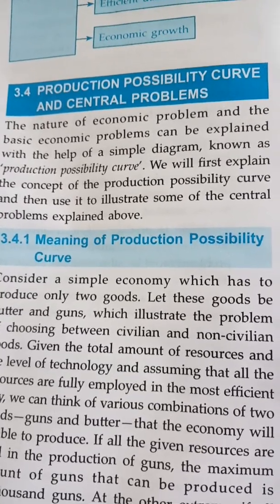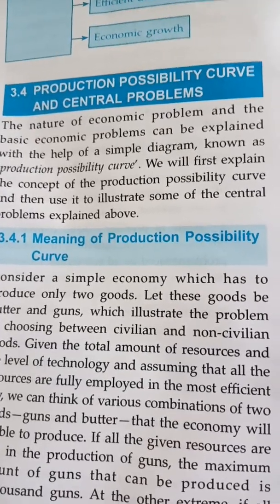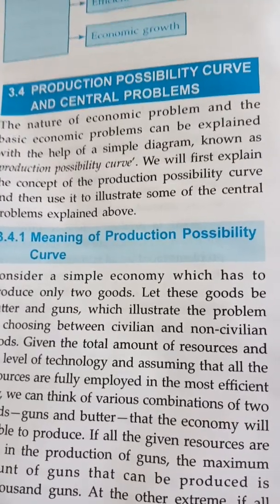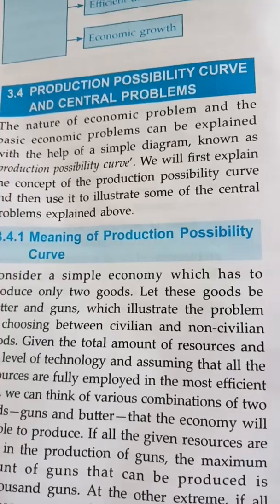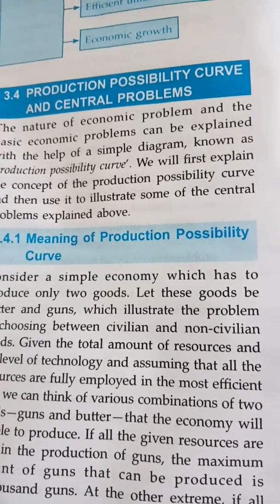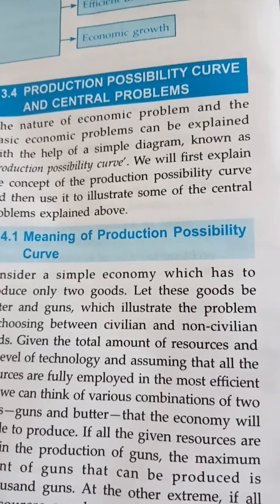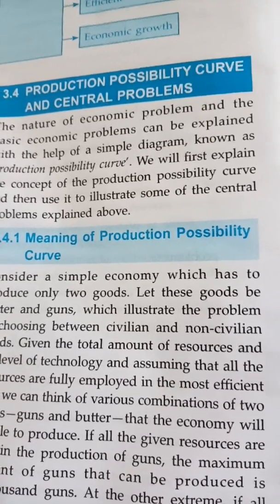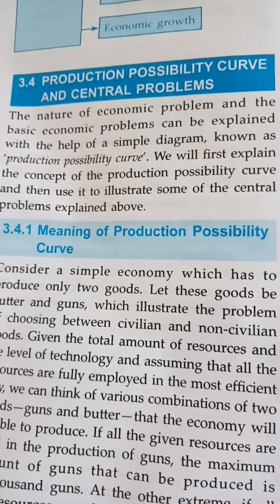A production possibility curve is the curve which shows various combinations of two goods. We are assuming that the economy is producing two goods. So it shows various combinations of two goods that can be produced with available techniques and with a given amount of resources.